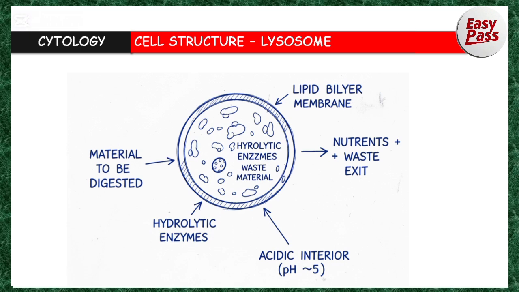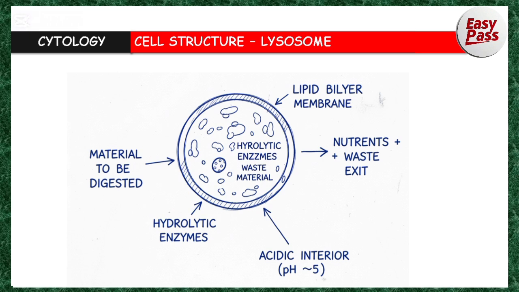The next organelle that we have on the board is the lysosome. If you look at the word lysosome, it is actually from the word lysis. Lysis in biology generally means to break down. So lysosome is a small vesicle containing hydrolytic enzymes that help in breaking down materials.